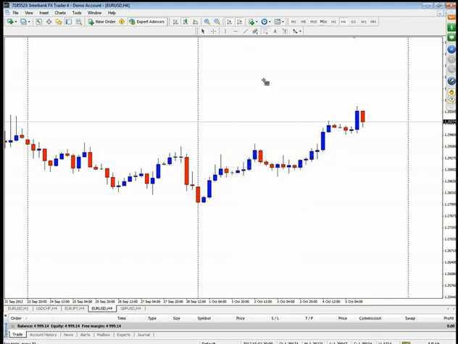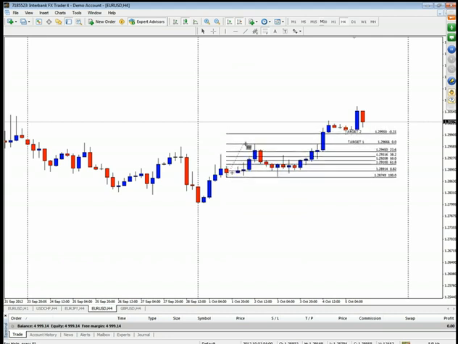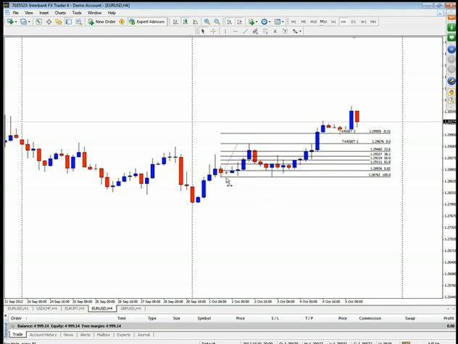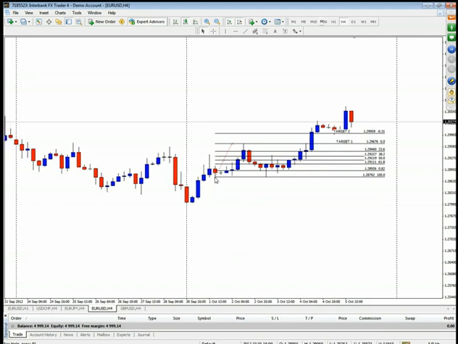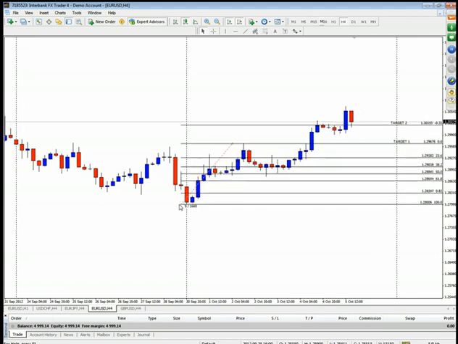So if we take it from this low right here to this high, as you can see, it came down and it would have hit your stop, and it wouldn't have worked out. So they all can't be winners. It was either from this point level you could have taken it from, or even this one. But anyway, it did work out for 50 pips here.